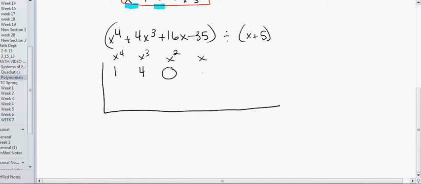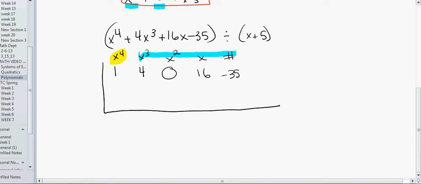My linear term, my plain x, is 16. And then my number, my constant, is -35. So when I get to my answer, I'm going to have 1 less. My x to the 4th is going to be gone. My answer is going to have x cubed down to my constant.